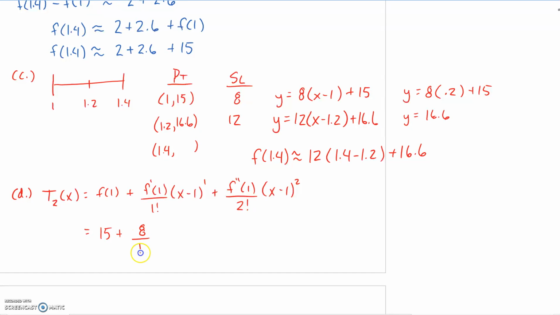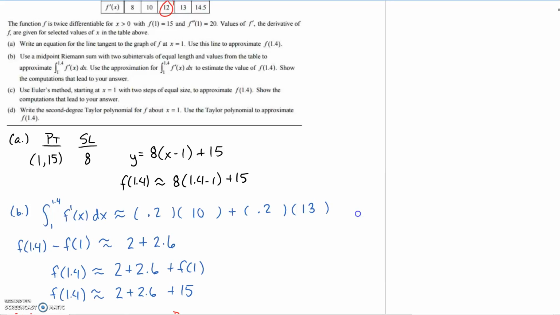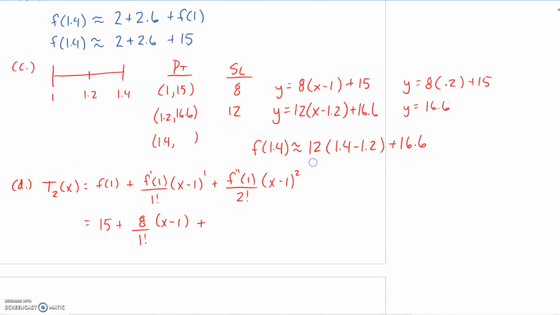We can read that from the table. F double prime at 1 is 20. It's given. And then x minus 1 to the second power. Here's our Taylor polynomial that's approximating f of x.